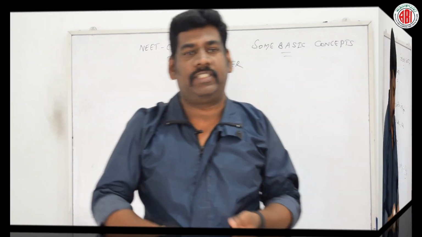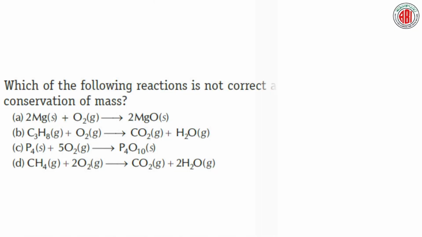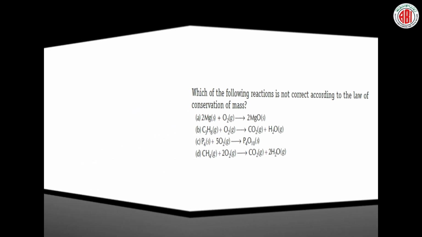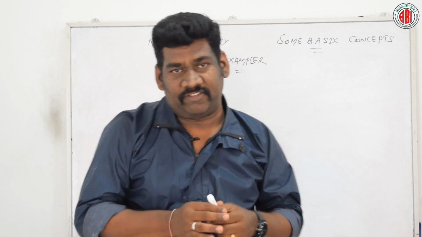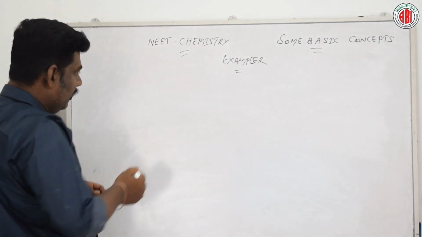The next question is: which of the following reactions is not correct according to the law of conservation of mass? Here 4 different chemical reactions are given. Let us see which one is not exactly correct according to the law of conservation of mass. Let us see one by one.